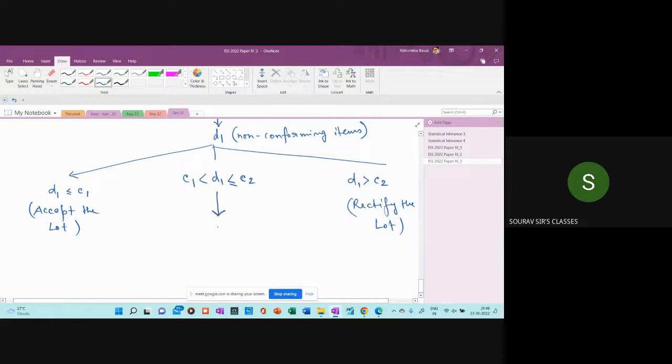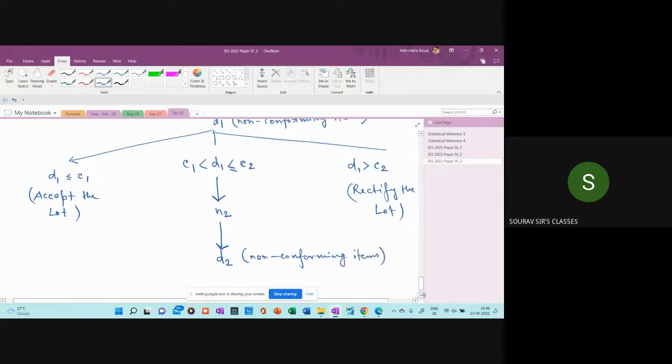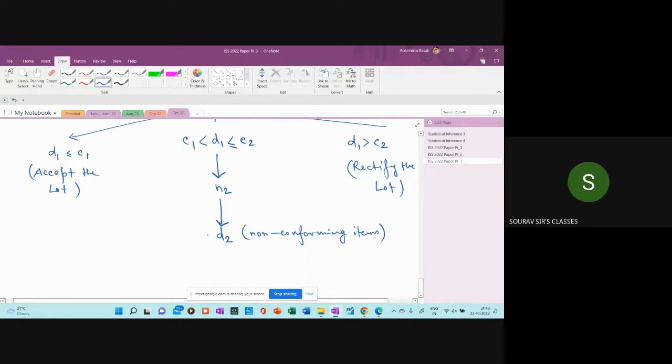Then we take another sample of size n2, and from this n2 we have another d2 non-conforming items. This d2 gives me another two cases. What are the two cases?